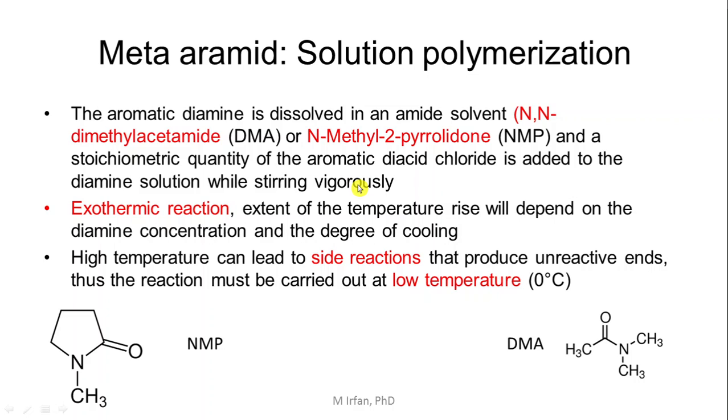The reaction is highly exothermic, and therefore the rise in temperature will depend upon the concentration of the diamine monomer in the solution and the degree of cooling. High temperature can lead to side reactions that result in polymer ends that are unreactive, therefore the reaction must be carried out at low temperature.